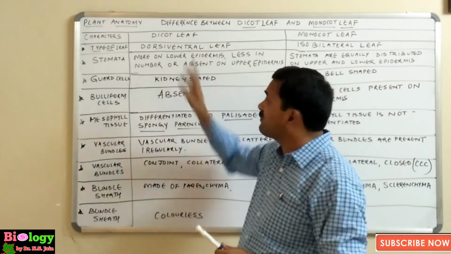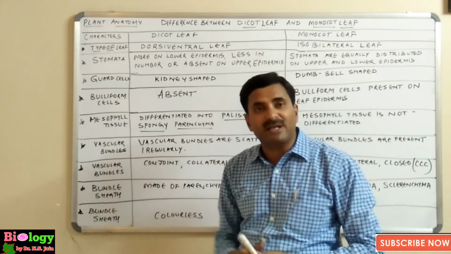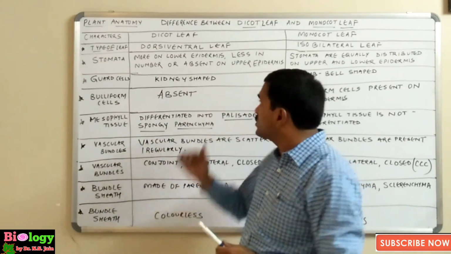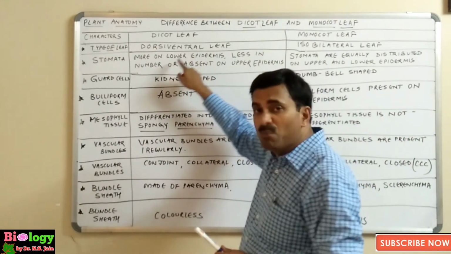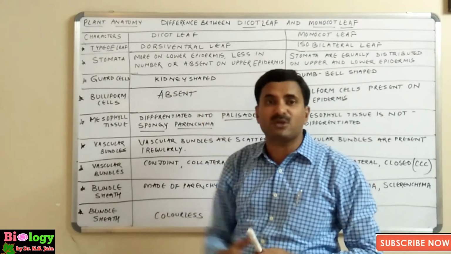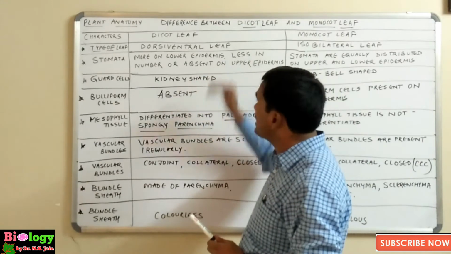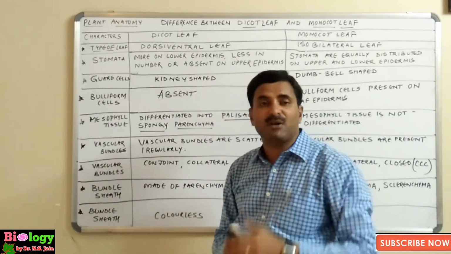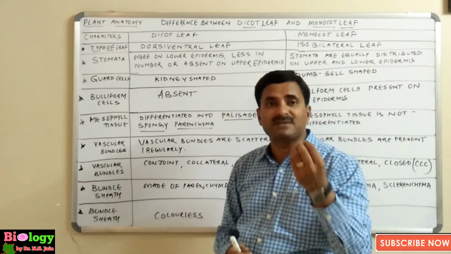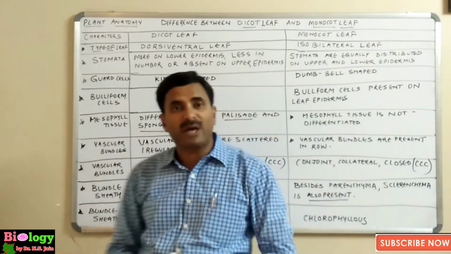And here in the case of the dicot leaf, as we know very well that the leaf is dorsiventral, so we can say that there are more stomata on the lower surface of the leaf, and on the upper surface of the leaf there are fewer stomata, or sometimes stomata are also absent.